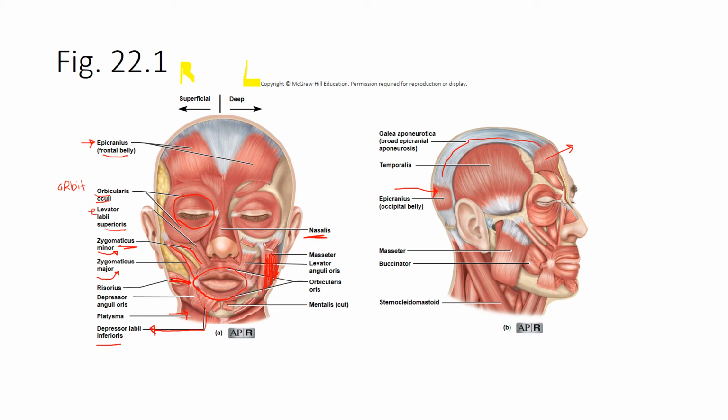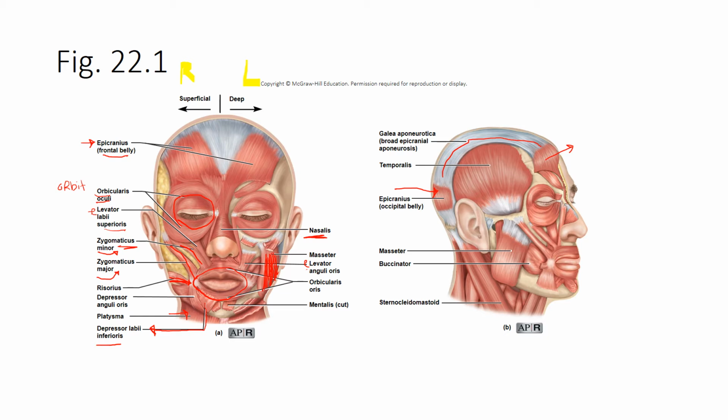Okay, and this muscle is called levator, again levator anguli oris. You're all experts now. So you tell me what the muscle action will be here. That means this is the muscle that elevates the angle of the mouth.